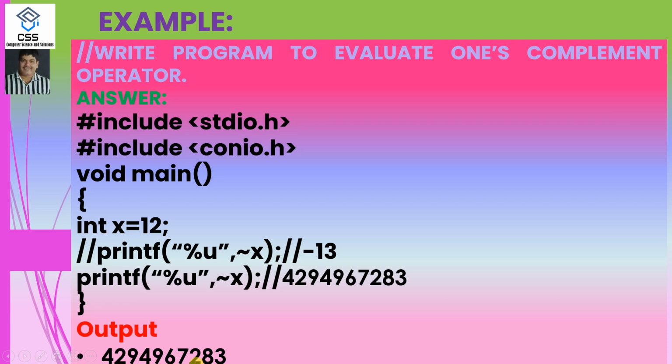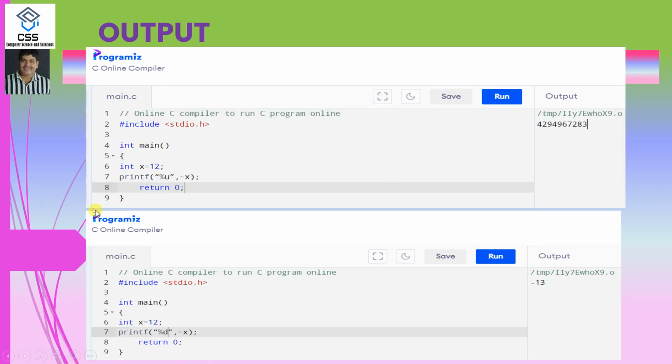I have also run this program and given you the output just like this. I will run it in a later part. If this program is run with x equal to 12 and %u complement of x, the result will be here. As previously we ran in the online compiler, in the same way you have to run it in the online compiler.